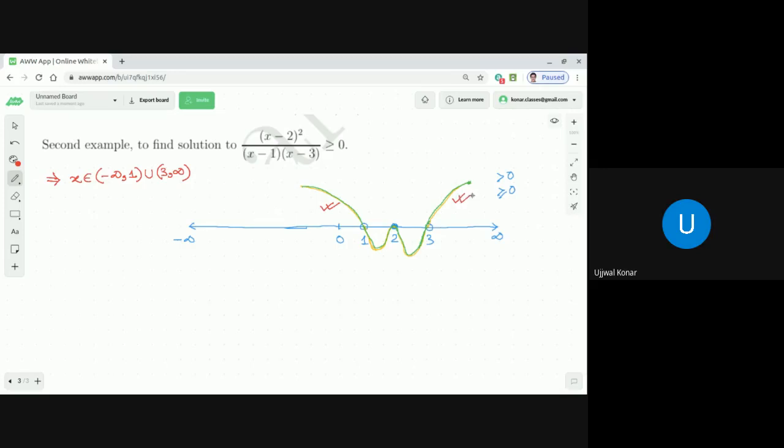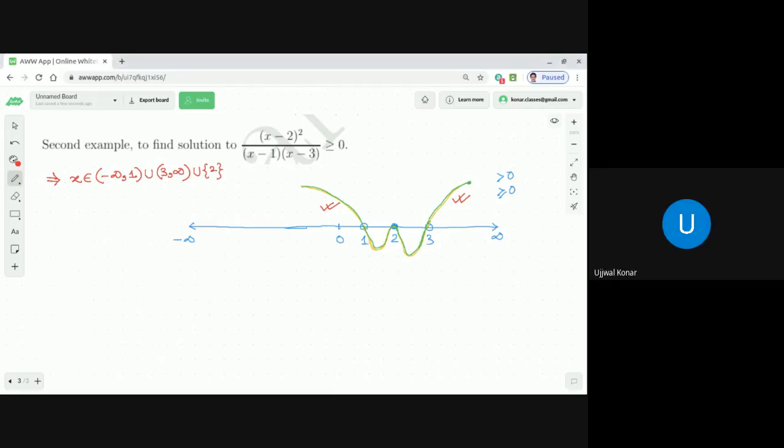Now there is a single point which is left out, which is 2, for which the expression is 0. So we should include that value 2 also, a singleton set. Correct? Because if you apply x equal to 2, then you will get that the value of the polynomial is 0, which satisfies the inequality greater than or equal to 0.